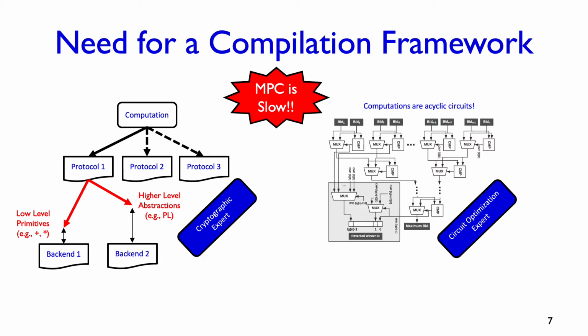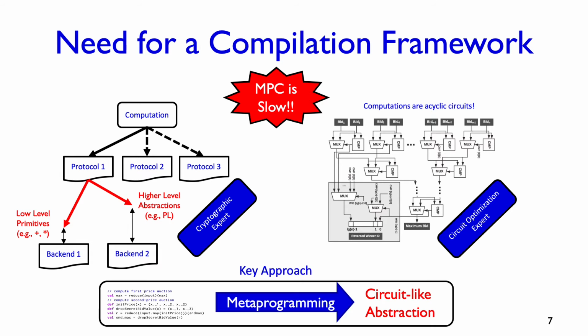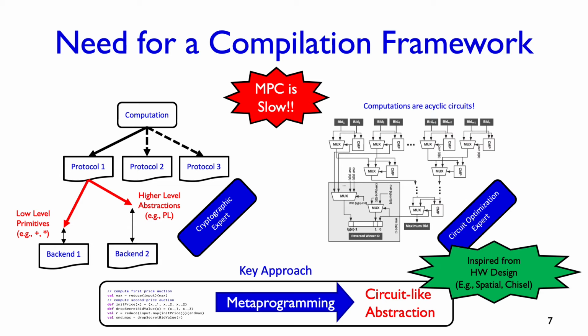Inspired from work in hardware design such as Rocket and Chisel, our key approach to solve this challenge is lowering code describing the secure MPC application to a circuit-like abstraction and performing optimizations using metaprogramming techniques. For example, reduction can be realized as a tree reduction to allow more parallel computation. For the rest of the talk, I will discuss this novel and compelling approach to realize secure MPC applications.